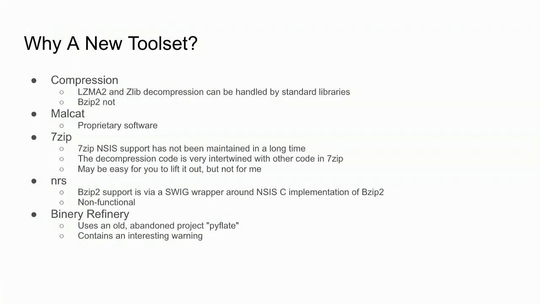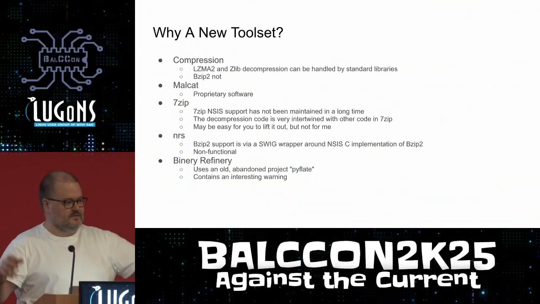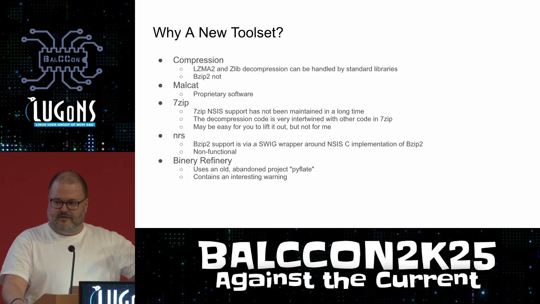It's been a long time since I've done the C++ forward engineering, and all of the code pathways and what you need to do, it's all very deeply intertwined with all of the 7-zip code. It's not just in the files that cover NSIS.